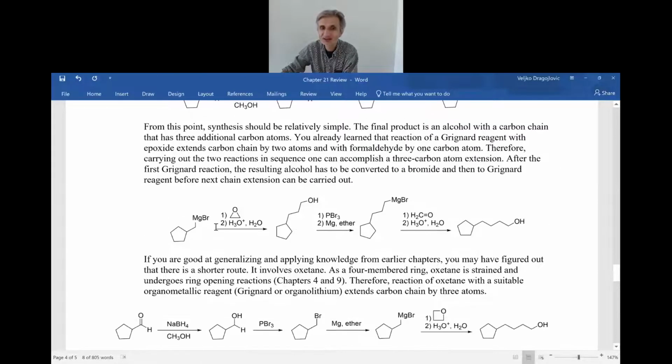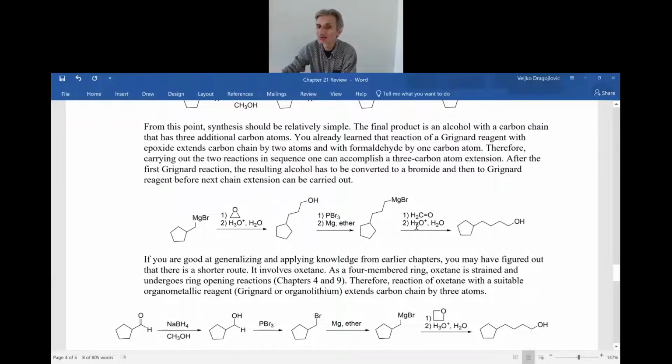And then reaction of Grignard reagent, let's say with epoxide, followed by acidic workup, gives extension of chain by 2 carbons. So we're still 1 carbon short. So we again need to convert this alcohol to bromide, shown here, and then reaction with magnesium in ether gives a new Grignard reagent, and now extension of carbon chain by 1 carbon atom.